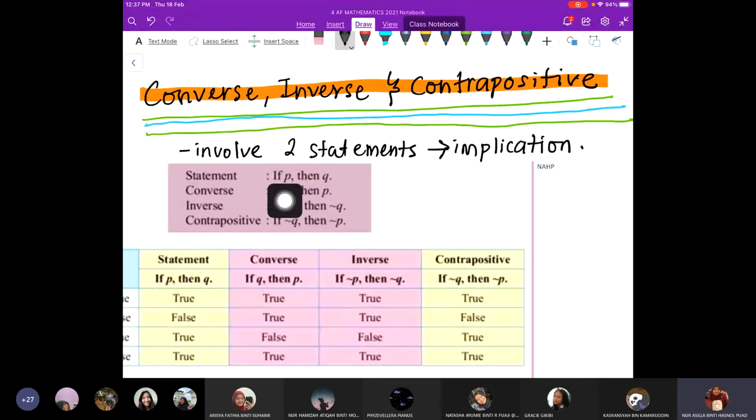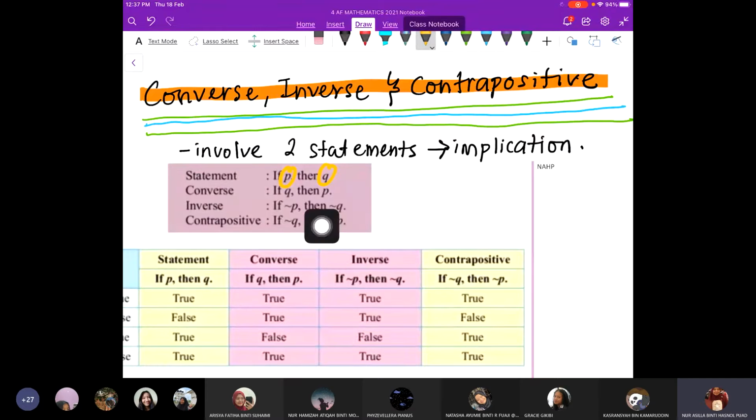I'm going to focus on this box. If my statement is an implication, if P then Q, so converse kita terbalikkan P dengan Q saja. Dia akan jadi if Q then P. So we just tukar kedudukan P and Q. Alright, that is converse.